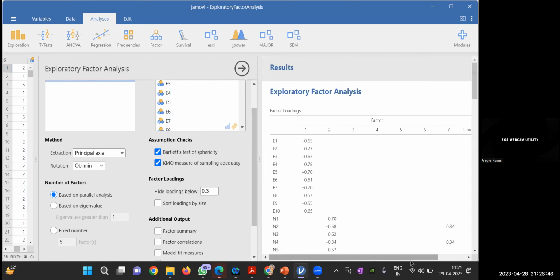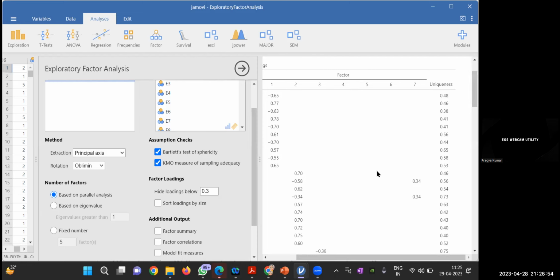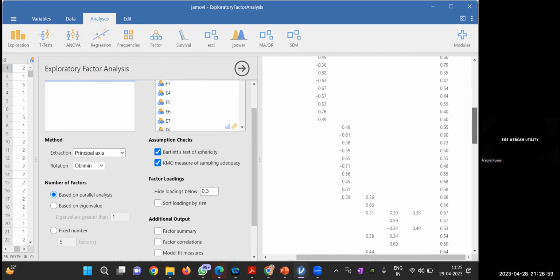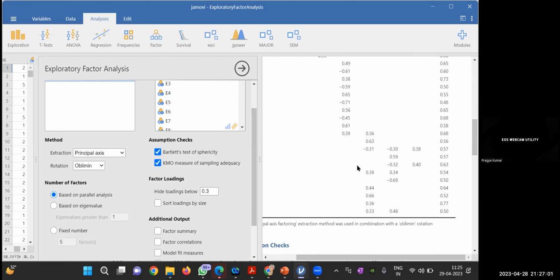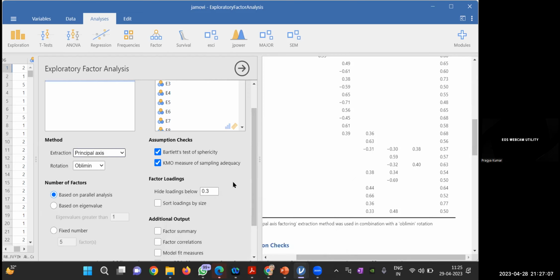Then very few items are getting loaded on 6 and 7. Why are there blank spaces here? Anyone? Why are these spaces blank? Error. No, just see, because of this option.